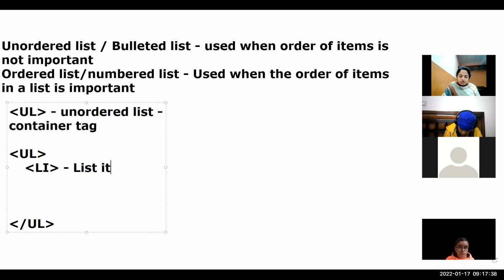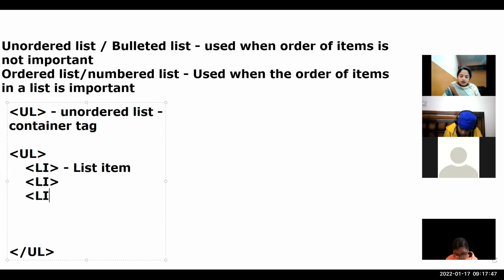For every list item, suppose I am having two items, we will type LI again. It is a container tag, but it is not compulsory to close the LI tag. Without closing, it will also work.